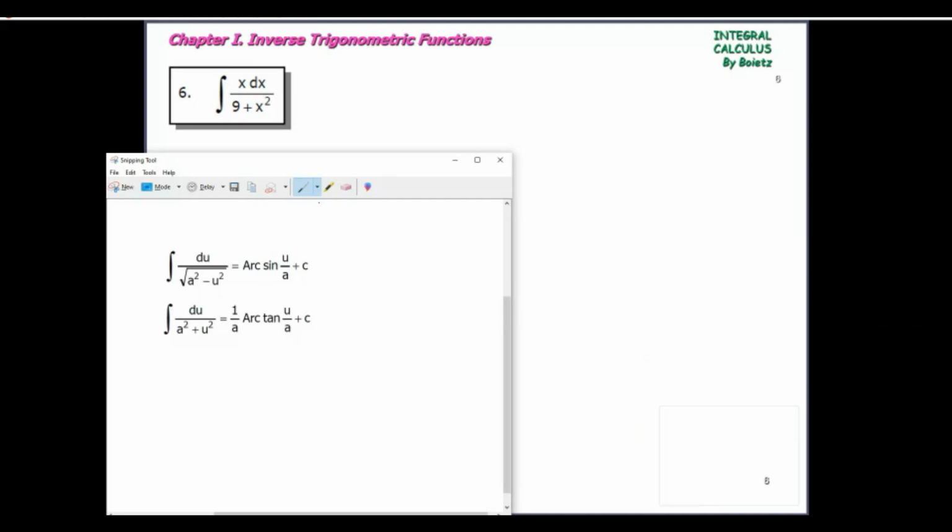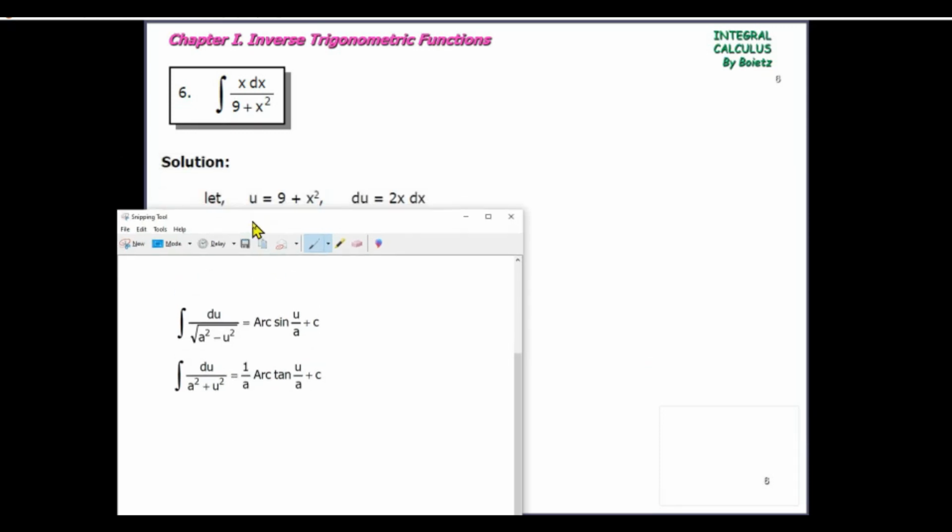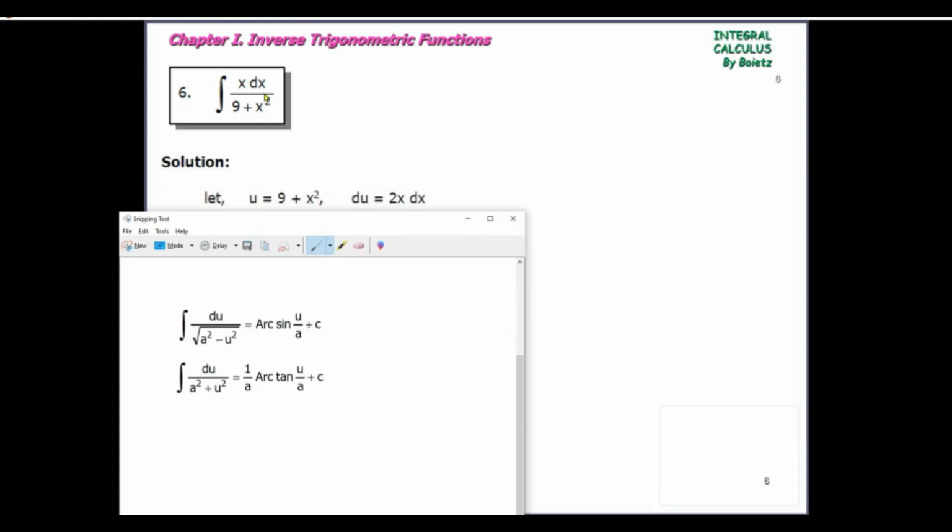Okay? Number 6. Similarly here, again, hindi rin siya inverse trigonometric function. I think this will fall under logarithm. Okay? So, kasi, kala nyo rin kasi parang inverse trigonometric, pero hindi. So, let u is equal to 9 plus x squared, and derivative niya is 0 plus 2x dx.